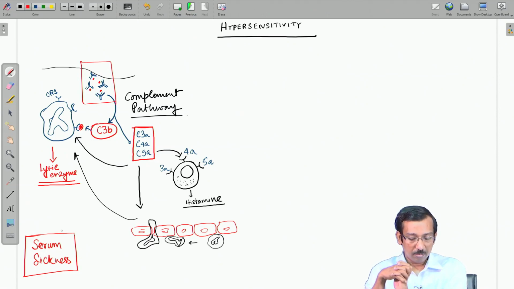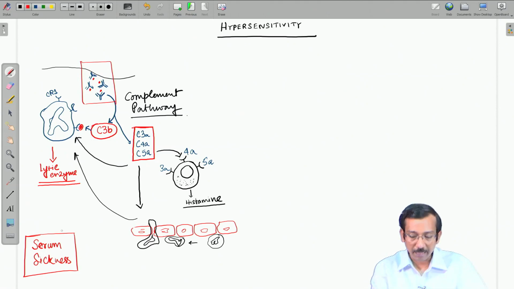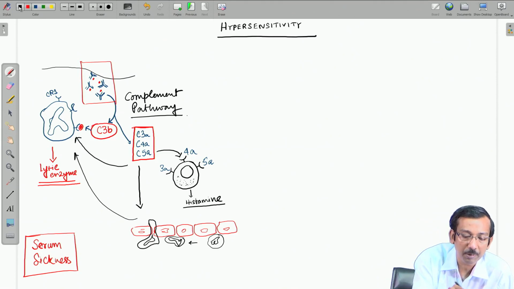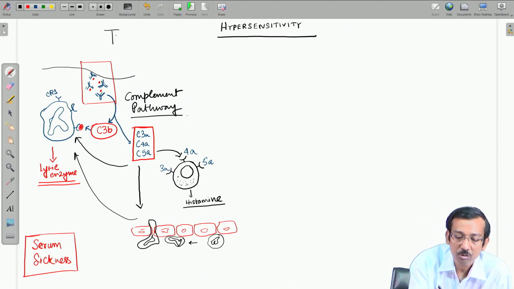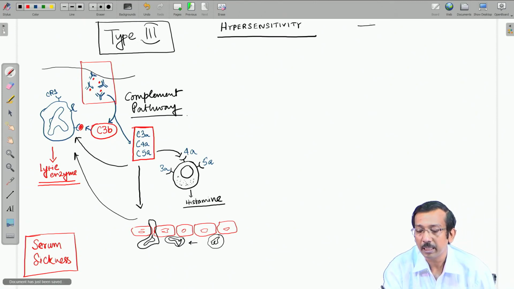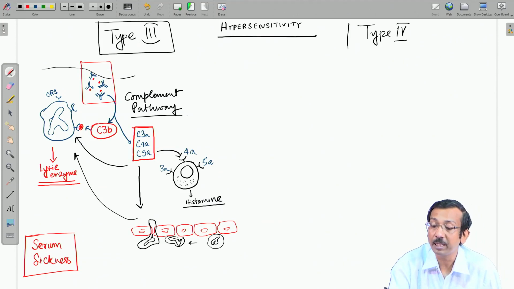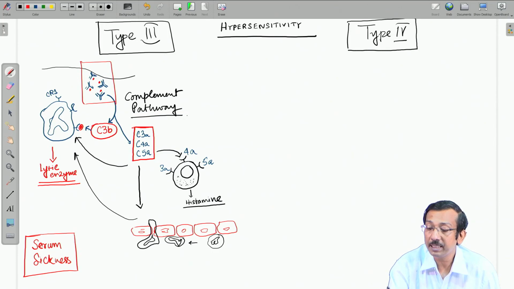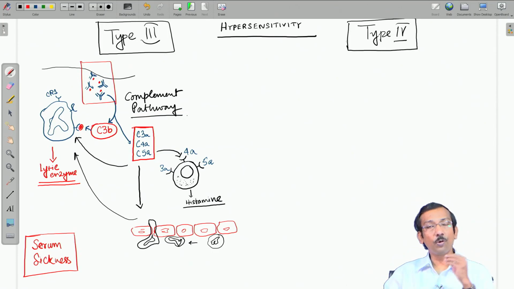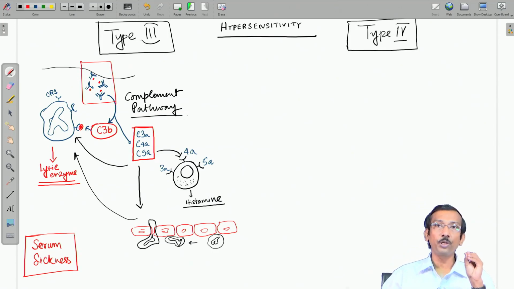So, going back to the different types of hypersensitivity reactions, this is type 3. And as I told, there is a type 4. All the hypersensitivity reactions that we have described so far involve the humoral branch of the immunity.